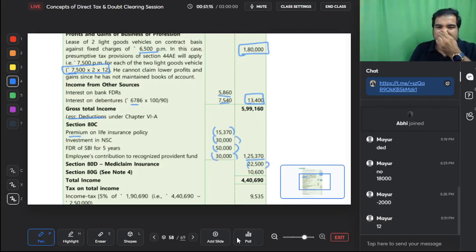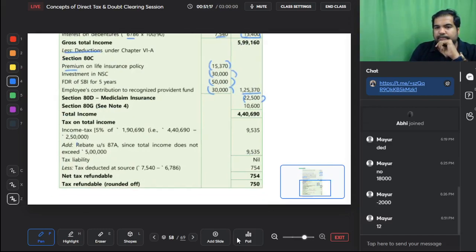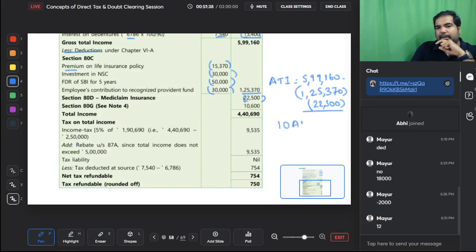But for 80G you will have to stop here and calculate your adjusted total income. What is adjusted total income? Everything except this. So you will take 5,99,160 and you will minus 1,25,370 and you will minus 22,500 and that will give you the ATI and 10% of your ATI.